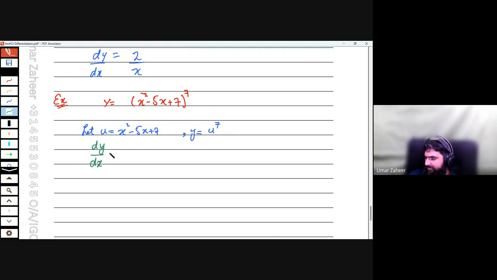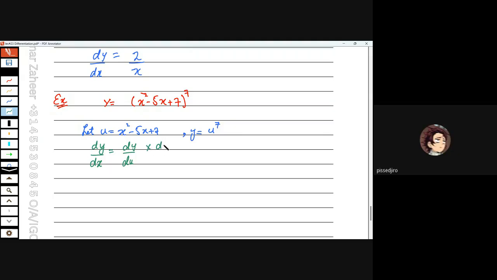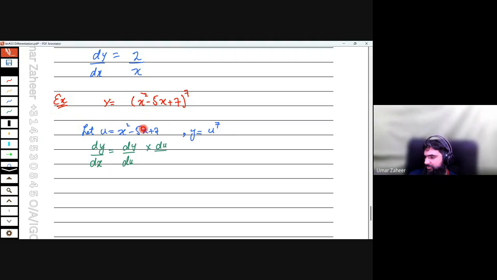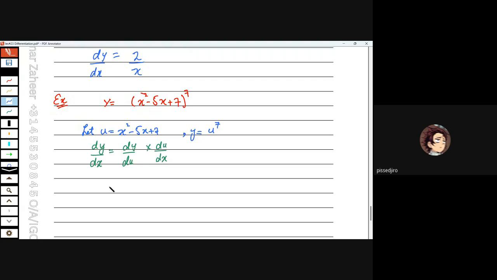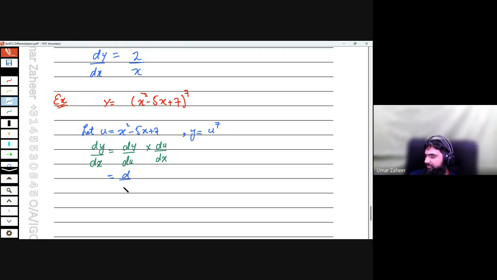Now write the chain rule. dy by dx is equal to dy by du, because y is the function of u, and u is the function of x. Now we have to take the derivative of u.